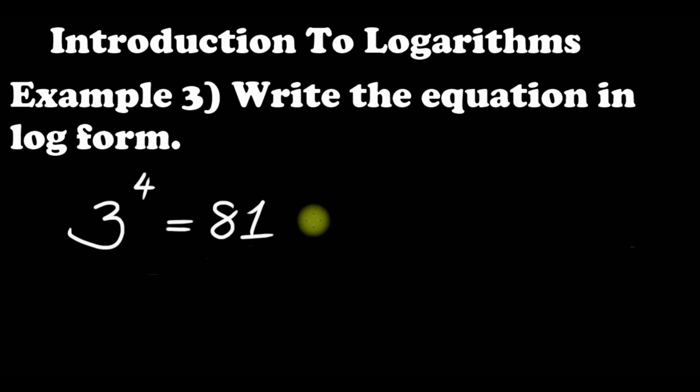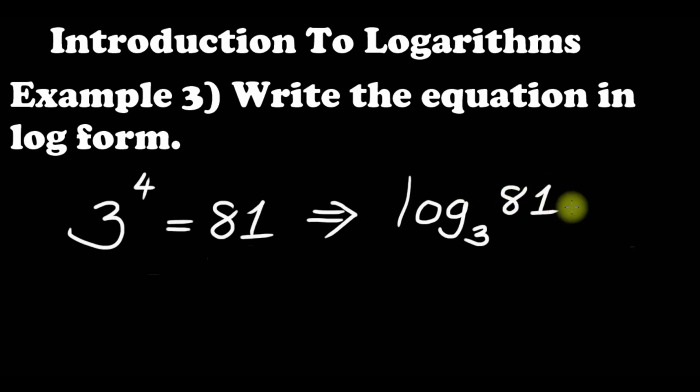What would this be in log form? We know that 3 is the base, so it's going to be log base 3 of 81 is 4.